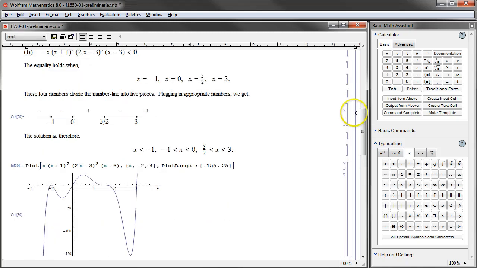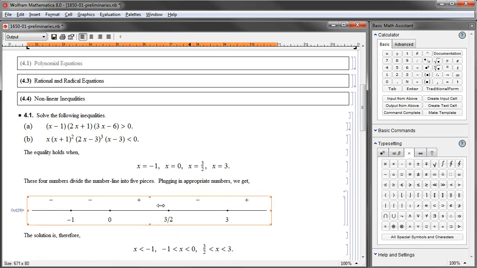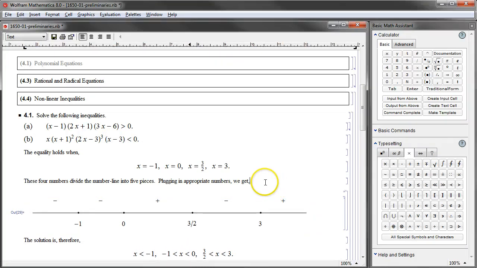Well, putting each factor equal to 0, we get 4 linear factors equal to 0, so we get 4 zeros. Those 4 zeros are -1, 0, 3 halves, and 3 respectively. Their multiplicities: x equals -1 is even, x equals 0 is odd, x equals 3 halves is odd, and x equals 3 is odd.